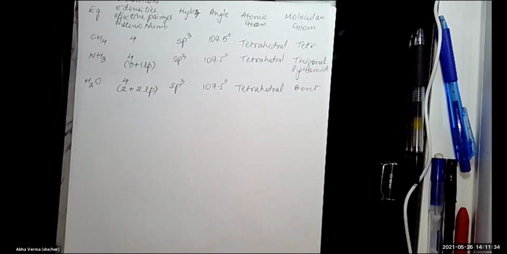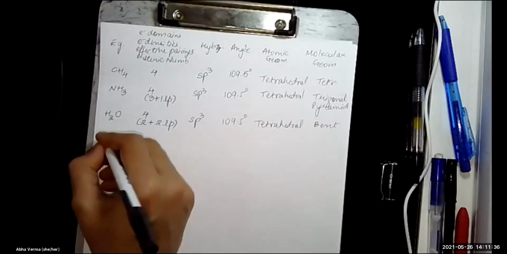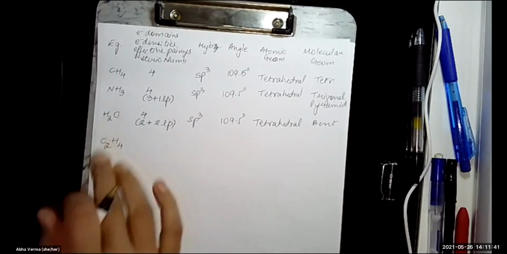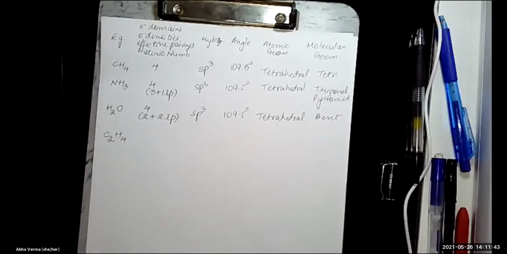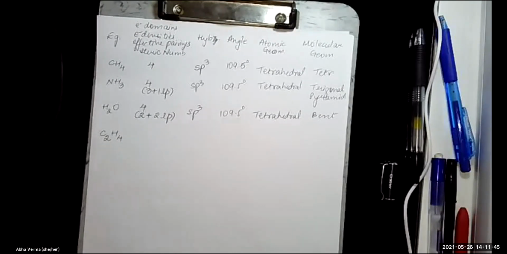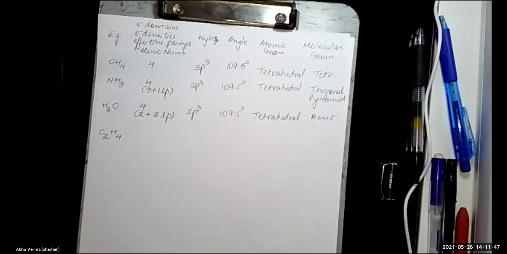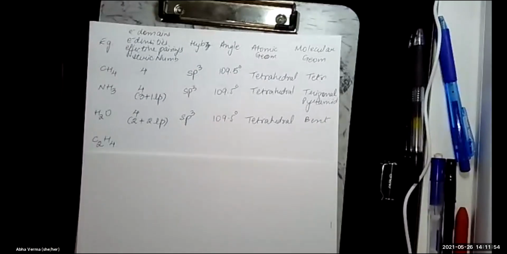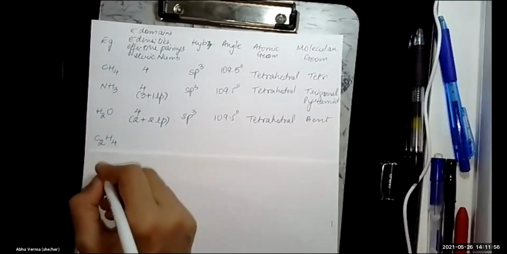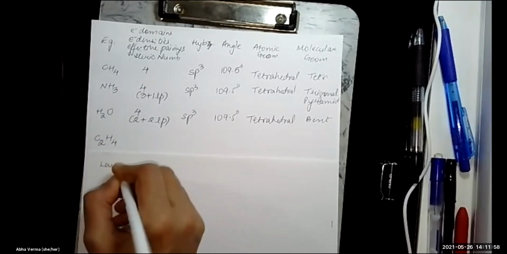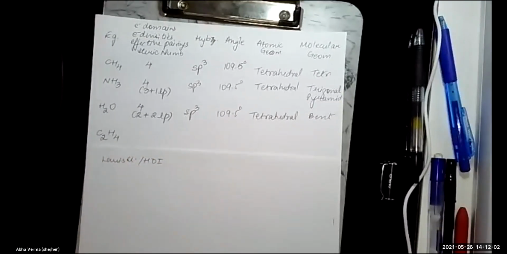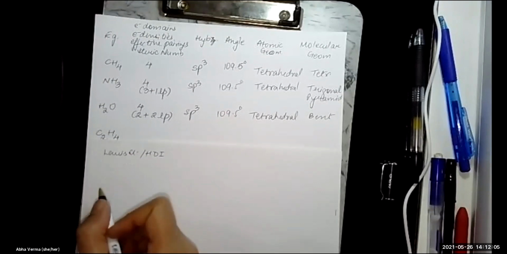Now let's look at an example of C2H4. When I draw this C2H4, how am I going to use my Lewis structure and HDI to know what this first structure is?